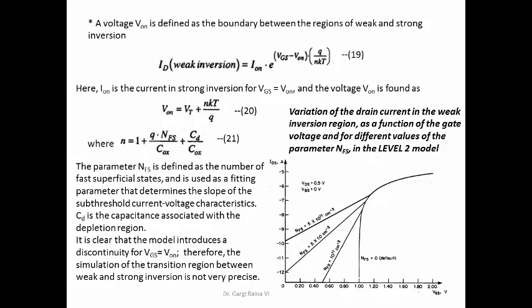Here we are looking at the ID-VGS characteristics for the level 2 model in the weak inversion region for different values of NFS. These are the voltages for which this calculation is done, and we are looking at the changes in these parameters.